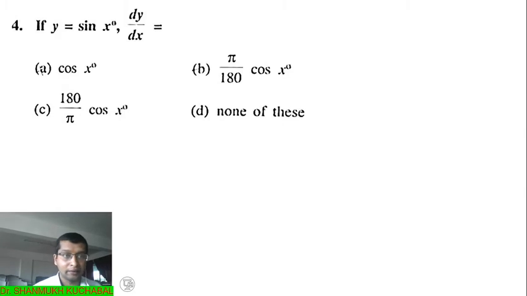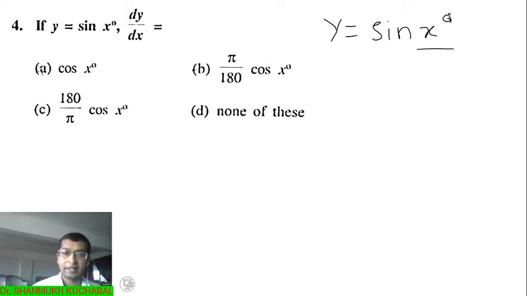Next example, it is given that y equal to sin x degrees. Now it is in degrees, we have to convert into radian measure.